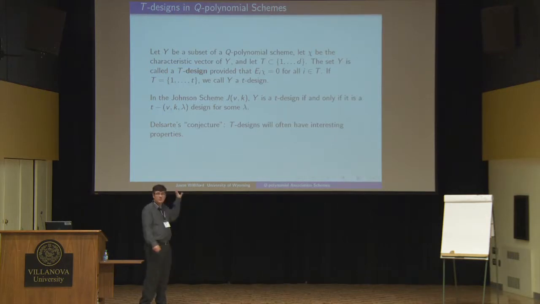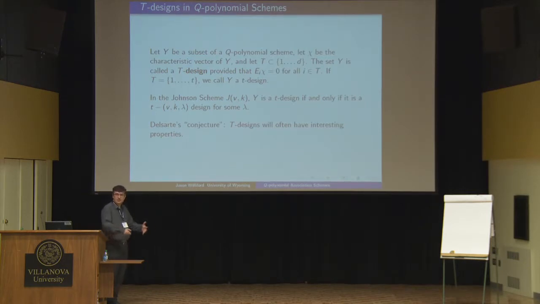I'm saying in quotes because you really should phrase it a little more carefully, you know, that T probably should be big relative to some other constraints. But in general, this is a way to locate interesting things or describe interesting combinatorial objects inside other ones.